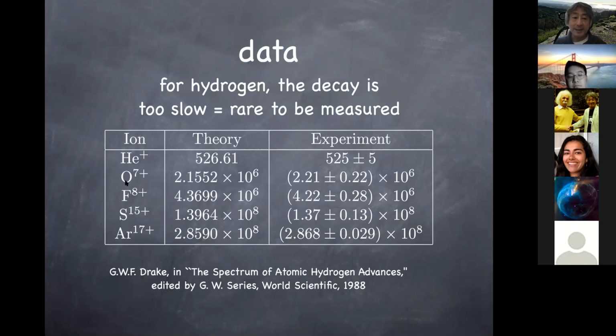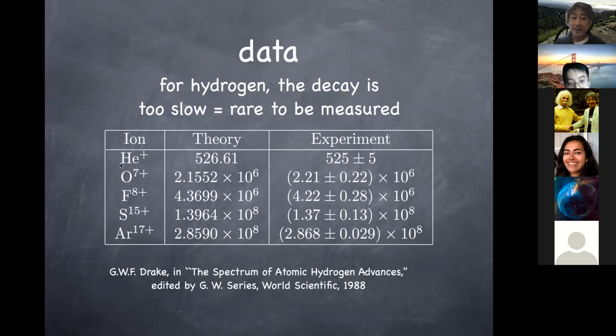But you can look at these ionized atoms, like helium plus. Helium plus means you have only one electron going around the helium nucleus of charge 2. So the calculation is exactly the same as what we have done with the hydrogen atom, because it's a single electron system.